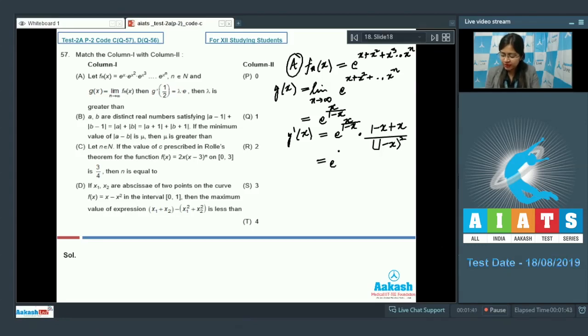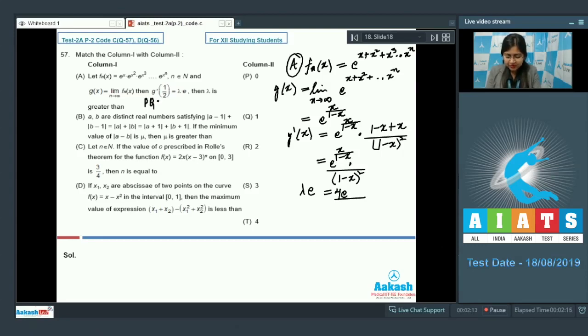So this is equal to e raised to the power x upon 1 minus x multiplied with 1 divided by 1 minus x whole square. So the value of g'(1/2), that is lambda e, is equal to e raised to the power half upon half, that is 1, divided by 1 minus half, that is half whole square. So that is 4e. So lambda is equal to 4, that is greater than 0, 1, 2 and 3.